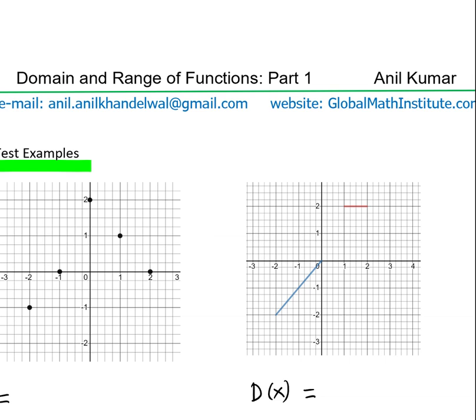How will you write domain and range for this function? Well, the best form is to list your items or the elements. So the first element here is -2. We did learn it, right? And then we have -1 and we have 0, 1 and 2. So you see the roster form or the list form helps, and that is how you should be writing domain and range for these functions.